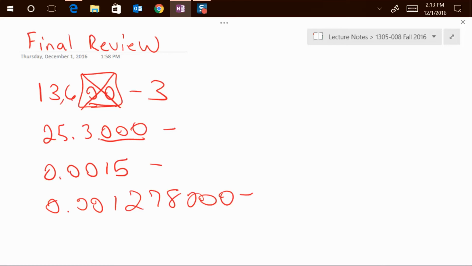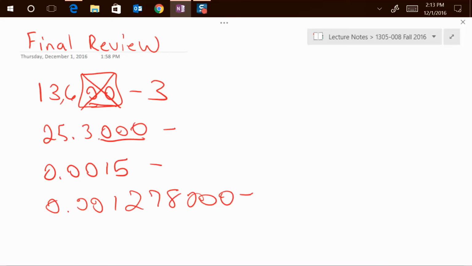The value of this number and this number are exactly the same. So why am I wasting my time writing these zeros? They don't change the value of it. They don't help me in the calculation at all. They just waste my time. So why am I writing those? Because they're significant digits. That's the only reason.